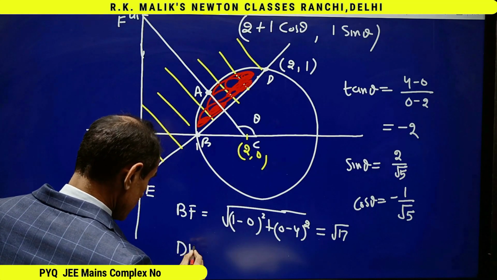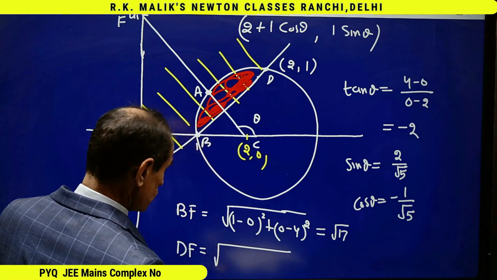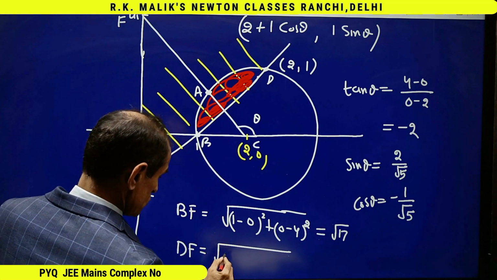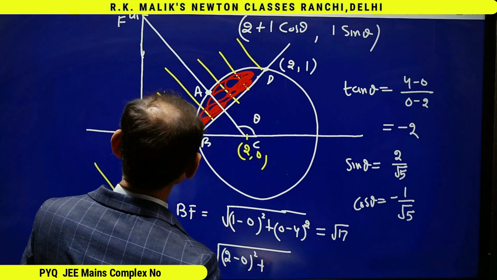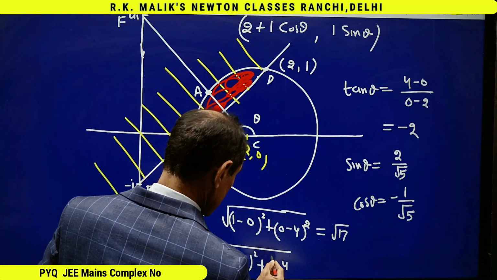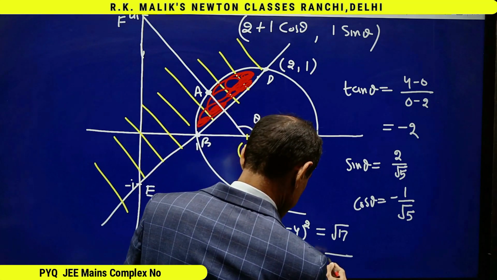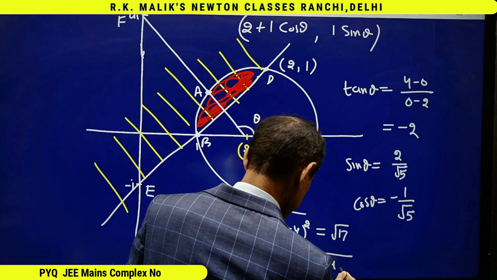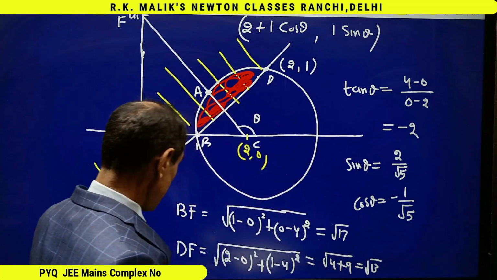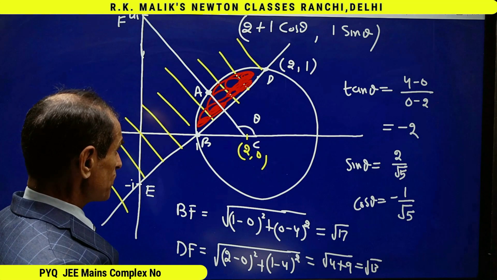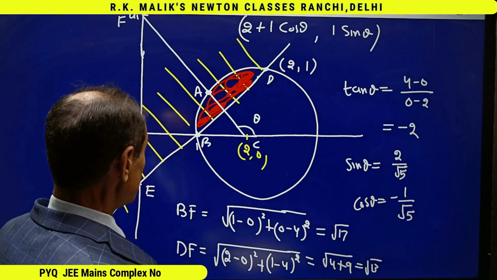And similarly DF will be under root 2 minus 0 whole square plus 1 minus 4 whole square, that is equal to under root 4 plus 9, that is root 13. And because BF is bigger, hence I can say Z2 is at the point B.